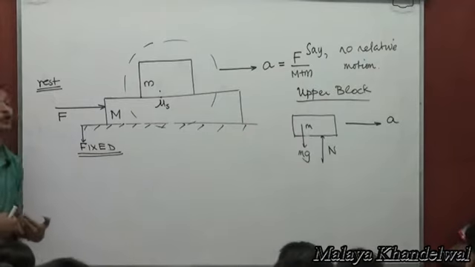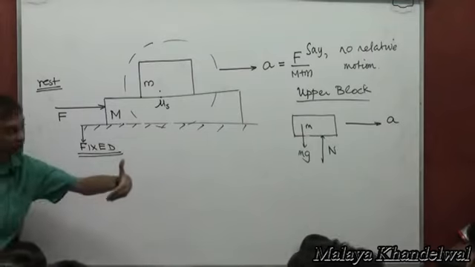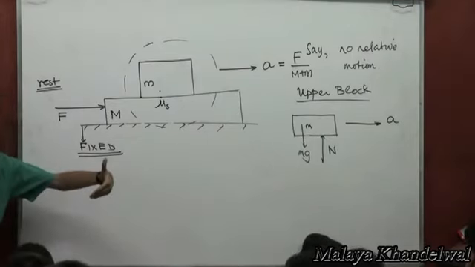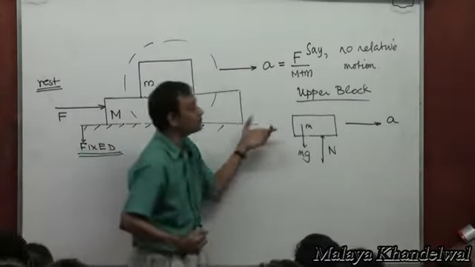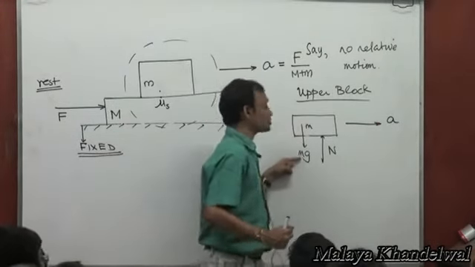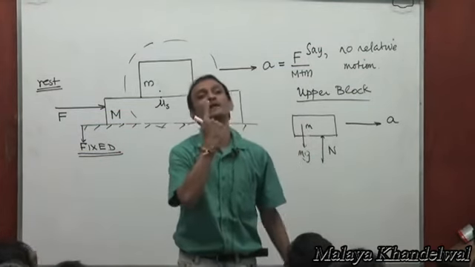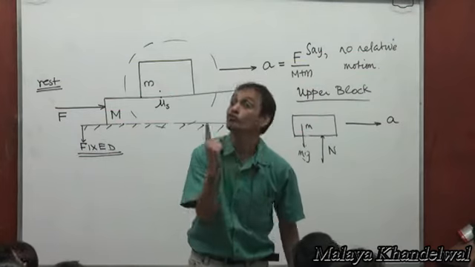Now, what would cause small m to get accelerated to the right? A force in the rightward direction would. Now, mg is not to the right, N is not to the right. What's the only force that could be acting on small m to the right?